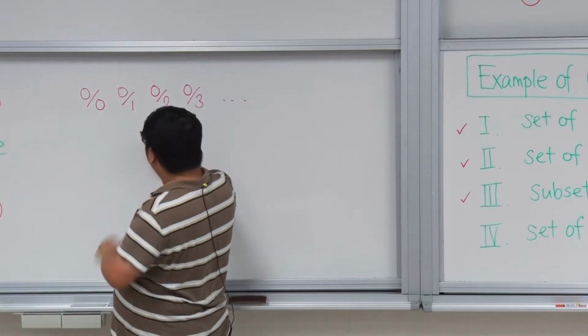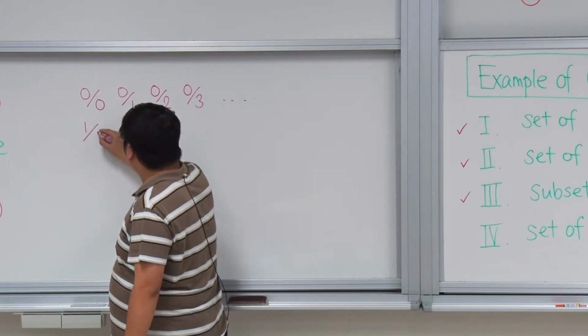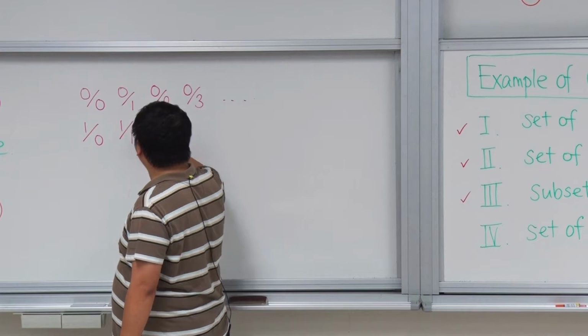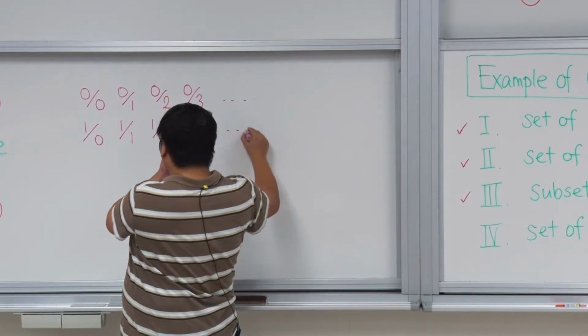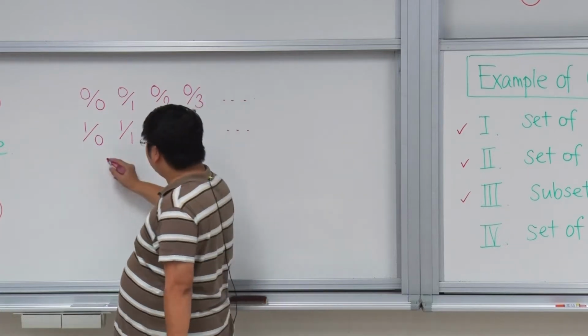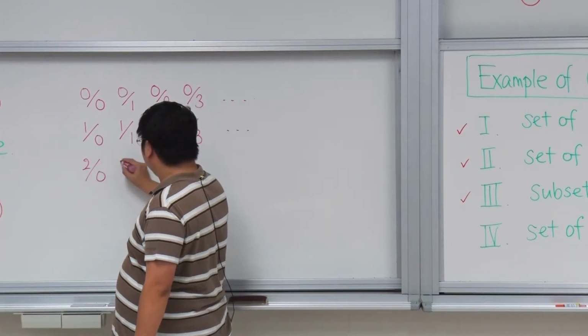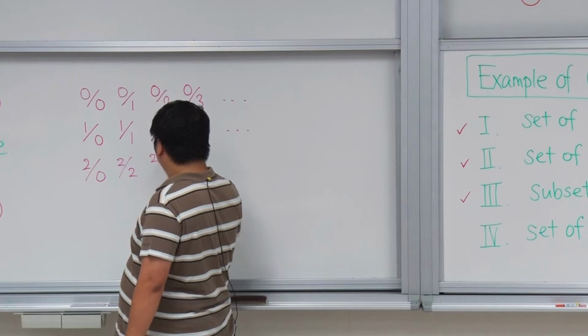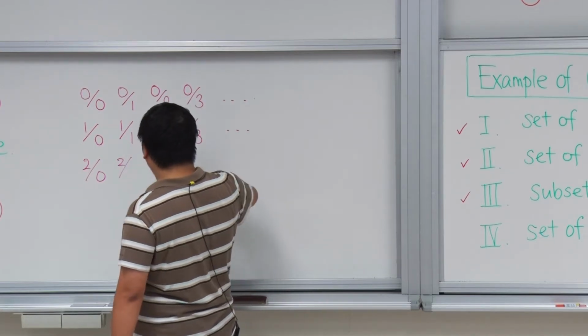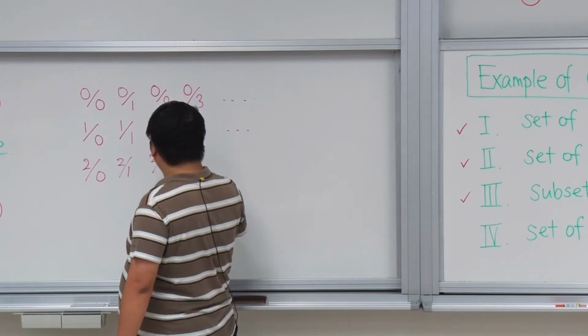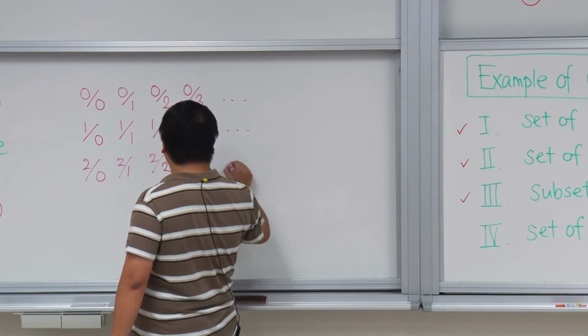We will then have 1 over 0, 1 over 1, 1 over 2, 1 over 3, and so on. And then we have 2 over 0, 2 over 1, 2 over 2, 2 over 3, and so on.